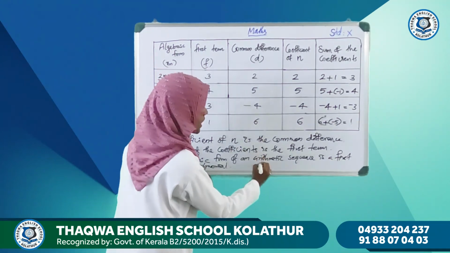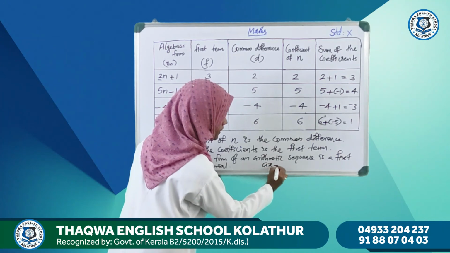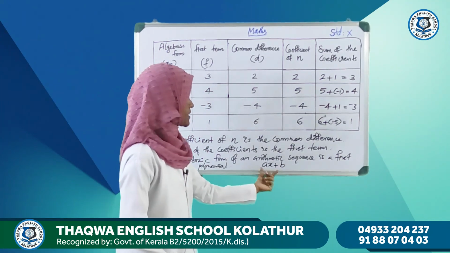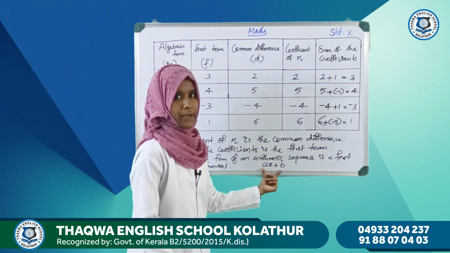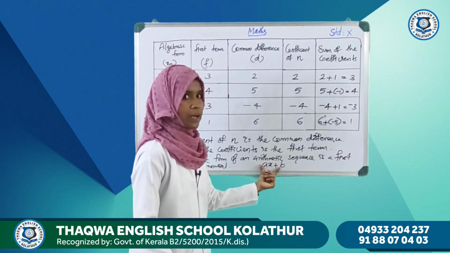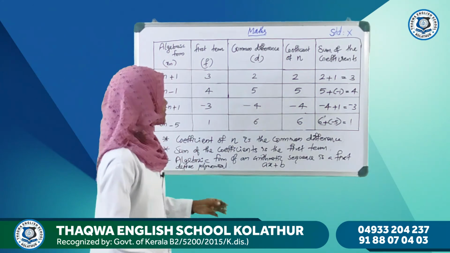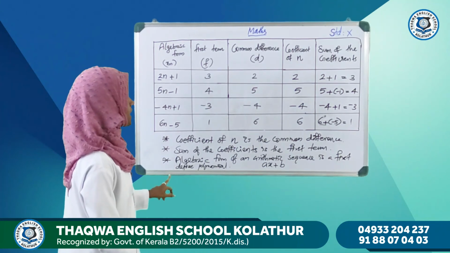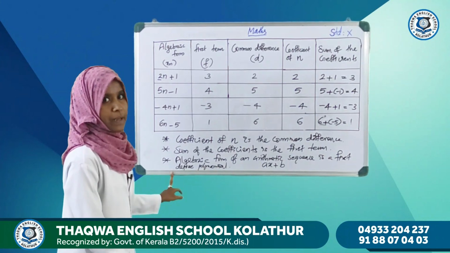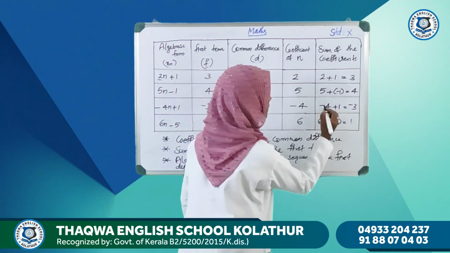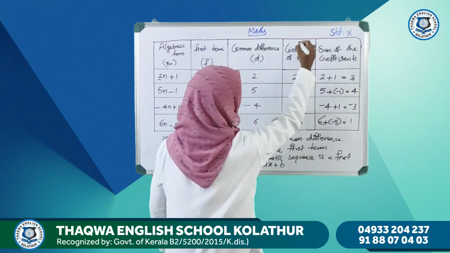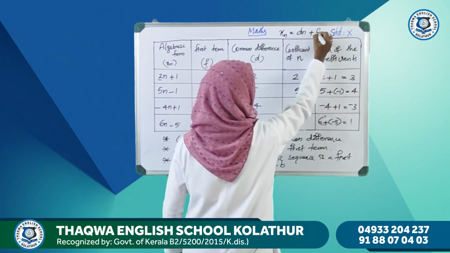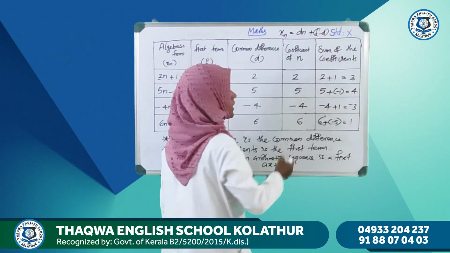Did you remember the standard form we discussed in 9th standard? The standard form of a first degree polynomial is ax plus b. So the nth term or algebraic form of an arithmetic sequence is a first degree polynomial. Then we already discussed nth term is dn plus f minus d.